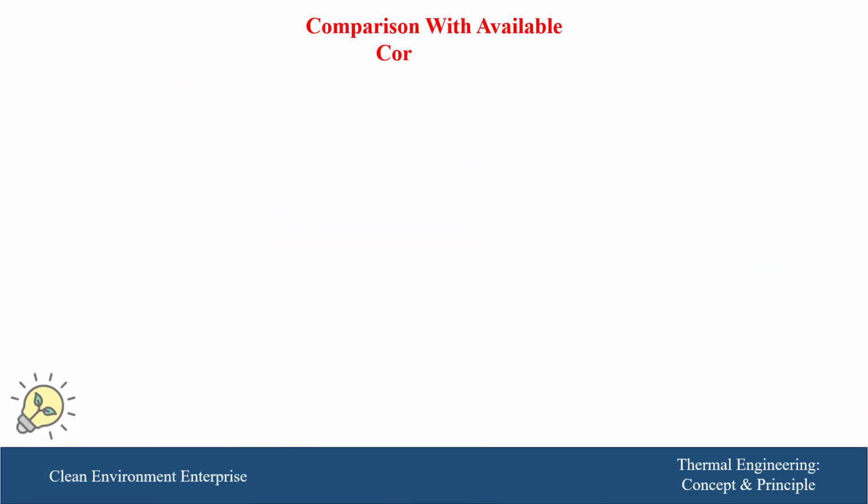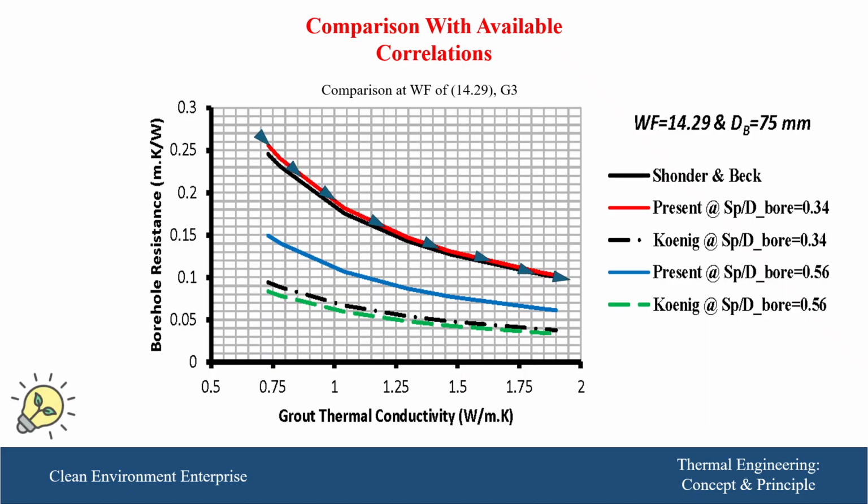Let us compare what we have in the present video and the present correlation with the available correlations. Of course, there are not too many correlations available in the open literature for the W-tube, but we may compare the present model with two of them, that is Schonder and Beck, and the other is the Koenig correlation.